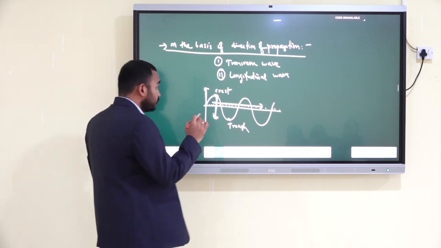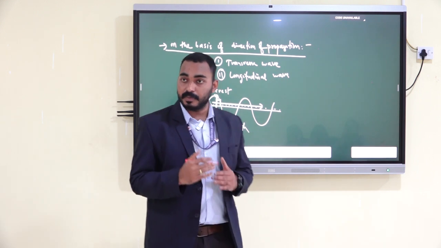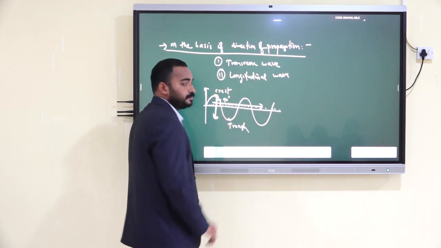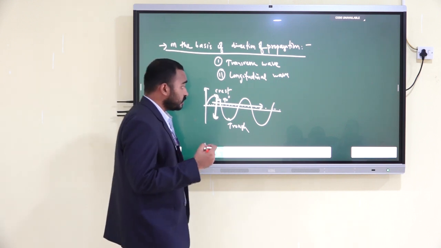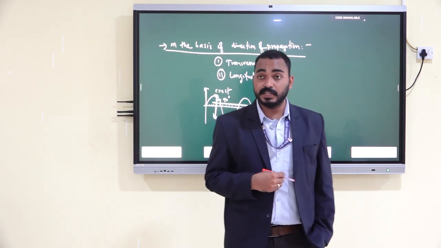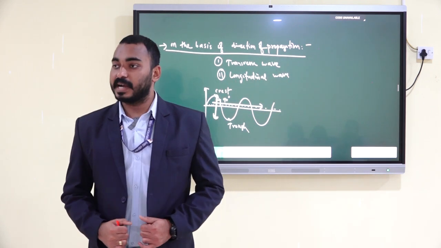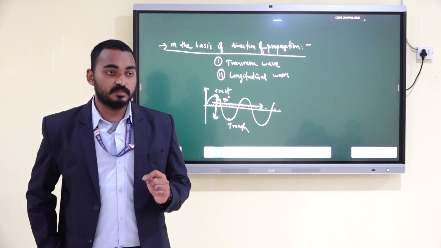That means there is an angle between propagation of the wave and displacement of the particle, and that angle is what? 90 degree. So if there is an angle of 90 degree between the propagation of the wave and displacement of the particle, then that particular wave is known as what? Transverse wave.